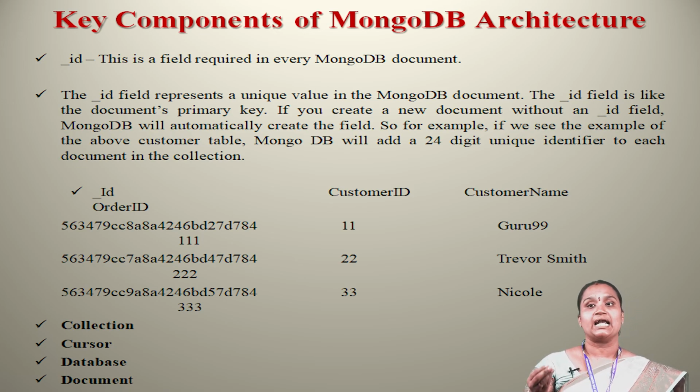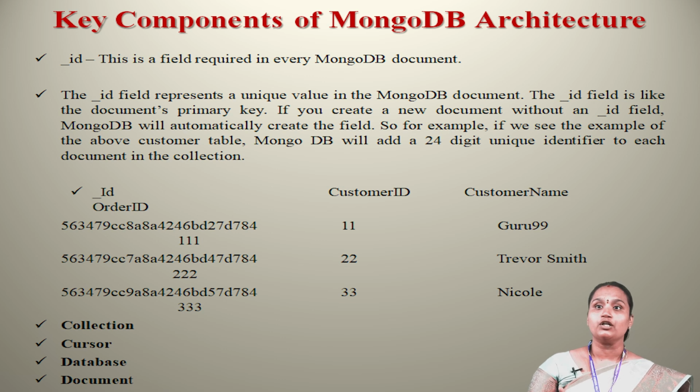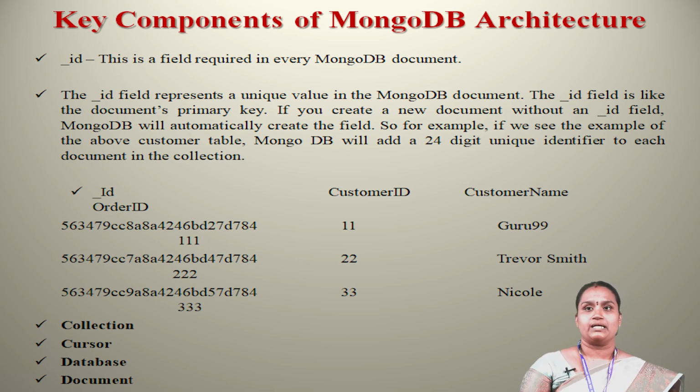The next one is collection. This is the grouping of MongoDB documents. A collection is the equivalent of a table, which is created in any other RDBMS such as Oracle or MS SQL. A collection exists within a single database.